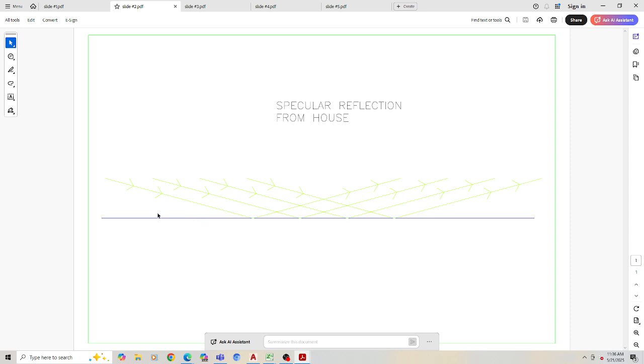If we have a smooth surface of water, the blue would represent the water line. We have a specular reflection from the house. This would be that every ray continues to progress along the path. All of the incident rays are nearly the same. The angles of reflection are nearly the same.